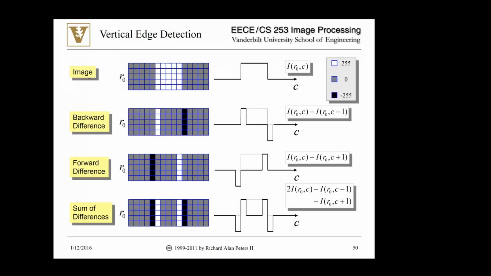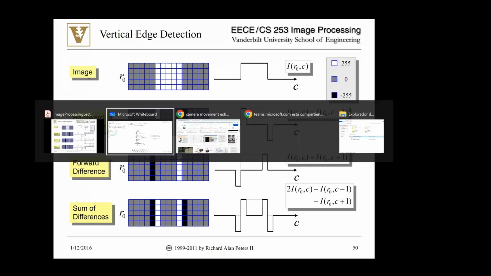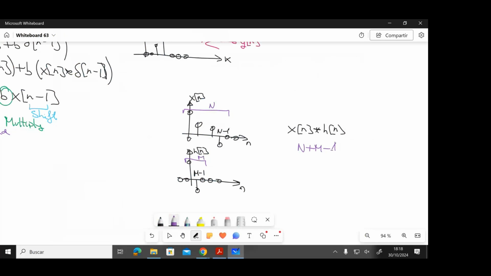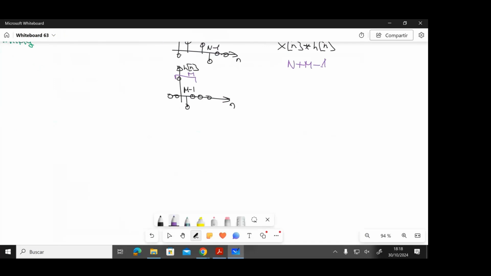And instead of convolving with blurring kernels, we can convolve with a different kind of kernel. So let's see, we can convolve with this kernel. The kernel is like this: minus 1, 0, 1. This is the origin.